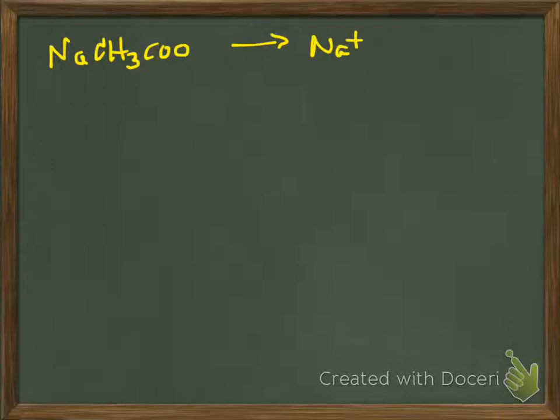Now, what if we have something like sodium acetate? Sodium acetate is going to form the sodium ion and the acetate ion. We already know that the sodium ion is going to have no effect, but what about this acetate ion?